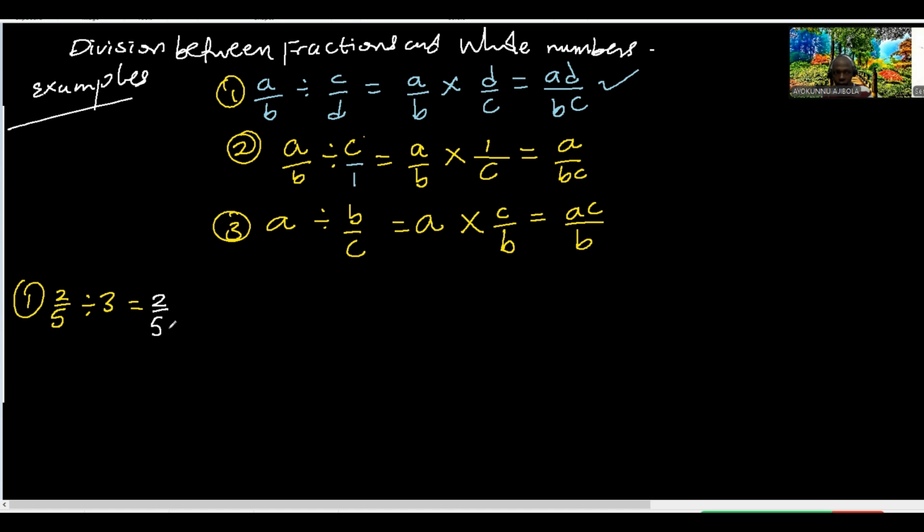Then you put the multiplication sign. I won't put 3. Do you know this is over 1, right? So what should I put now? Then you put 1 over 3. Are you getting it now?